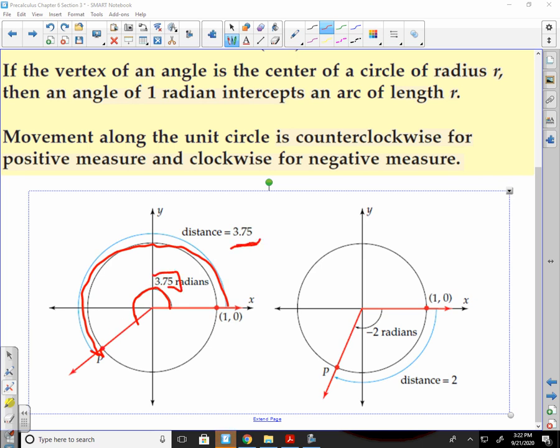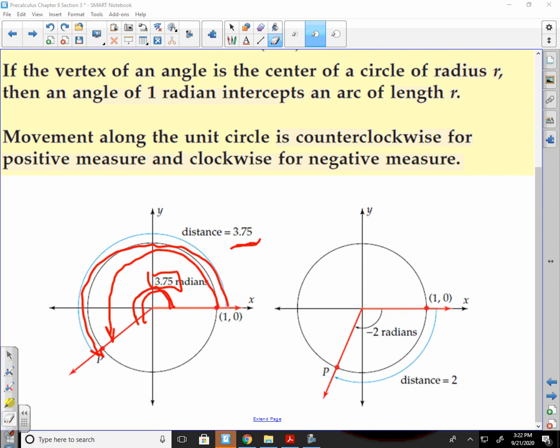Those are both the same when it's on the unit circle. So the distance traveled from this point all the way around to this one is 3.75, and that's what our angle measurement is.